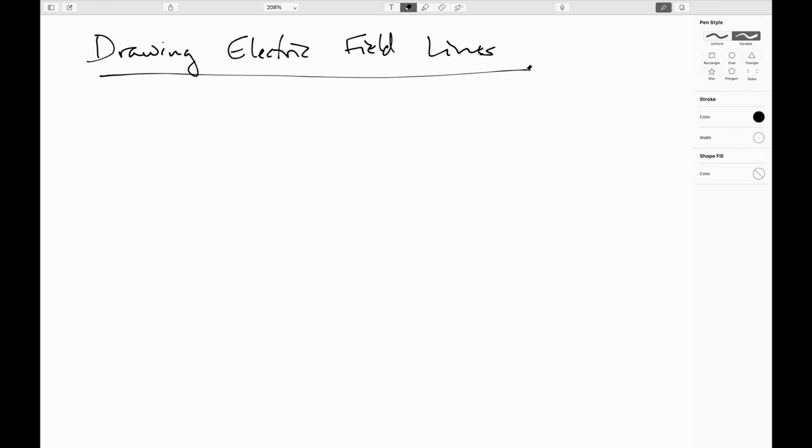So I'll go ahead and state the rules, and then I will do an example of this. So when you're drawing lines, they always start on positive charges and they end on negative charges.